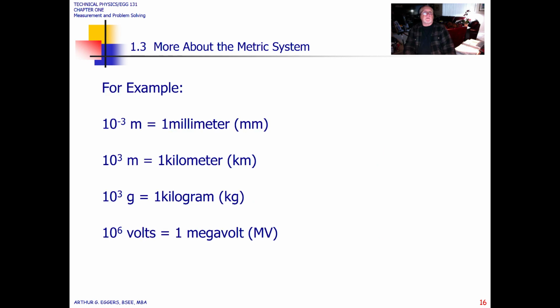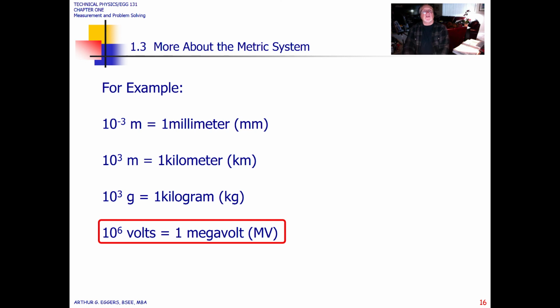You will become very familiar with using these prefixes as shortcut measures for doing calculations and analysis. For example, 10 to the minus 3 meters is equal to 1 millimeter. 10 to the third meters is 1 kilometer. 10 to the third grams is 1 kilogram, or 1,000 grams, and 10 to the 6th volts is equal to 1 megavolt, or 1 million volts.